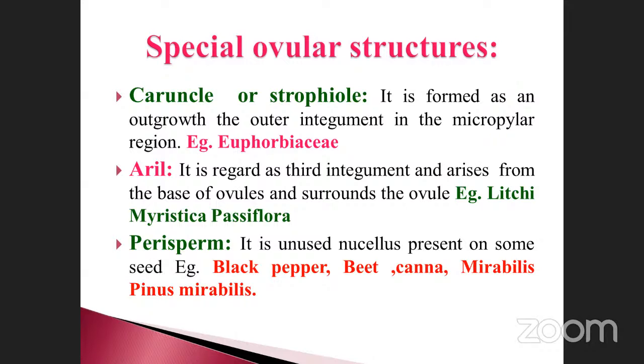What are the events of fertilization? How will it be? Double fertilization, triple fusion, those things. After that, pollination, double fertilization, triple fusion, and what are the changes within the ovary after the pollination process. We are going to see these in the next classes.